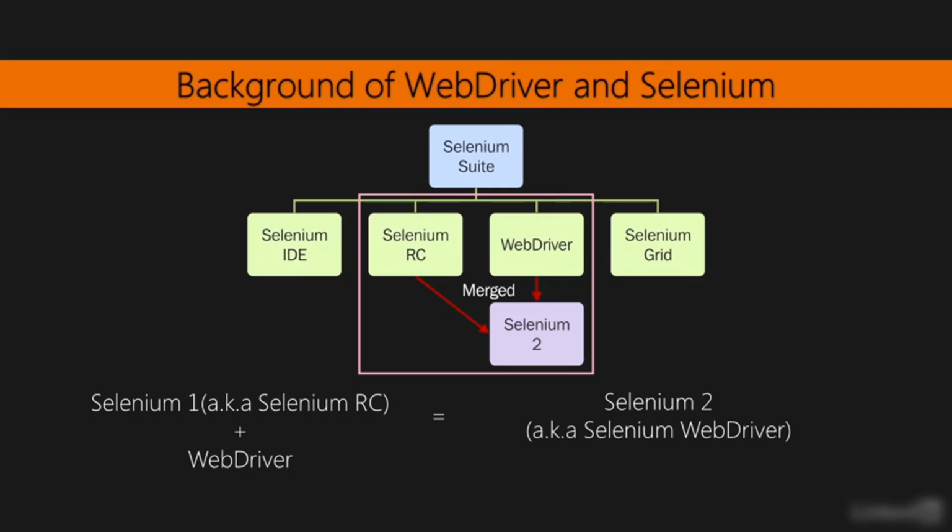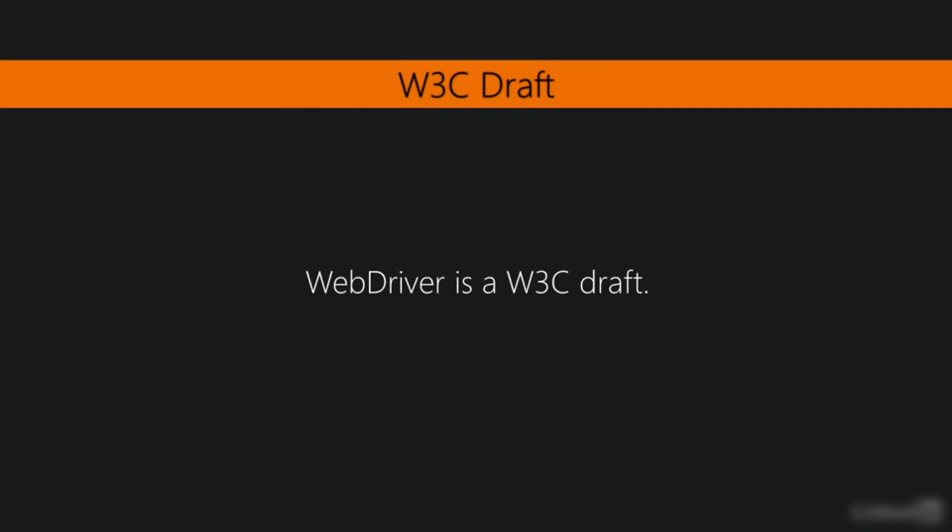Selenium version 1, also known as Selenium RC, injected JavaScript into the browser and controlled it that way. Then Selenium RC was upgraded to Selenium WebDriver, which used the browser's native interface to control it. Later on, both these two projects were merged, and the future is called Selenium 2.